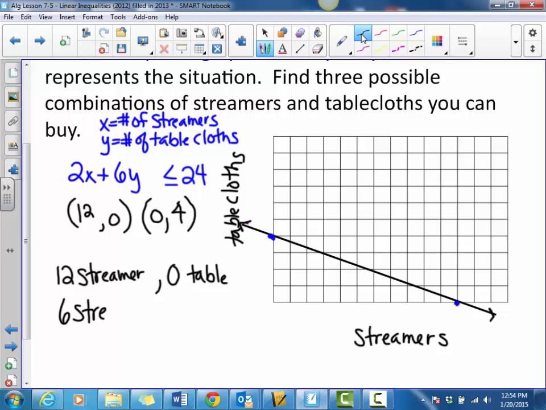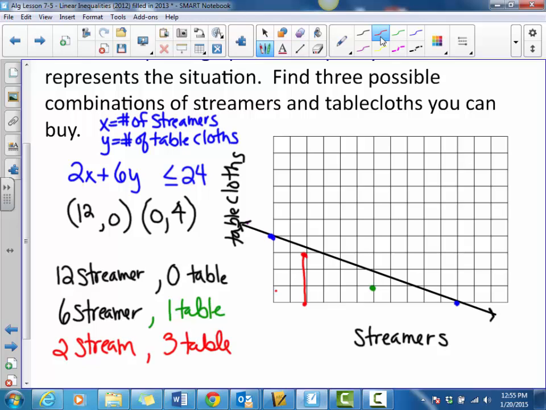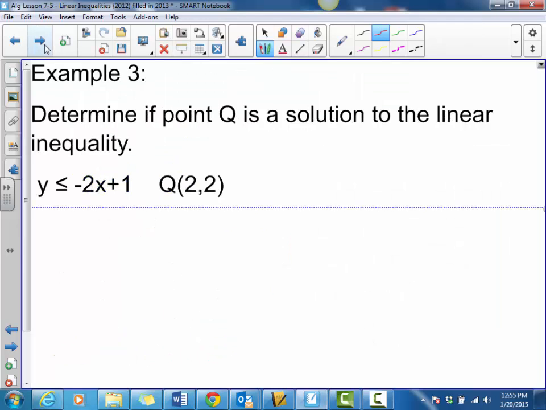So 6 streamers and 1 tablecloth is a point I can plot without going over my boundary line. And what about if I bought 2 streamers? I could buy 3 tablecloths. So 2 streamers, 3 tablecloths. Okay, so those are just 3 possibilities.